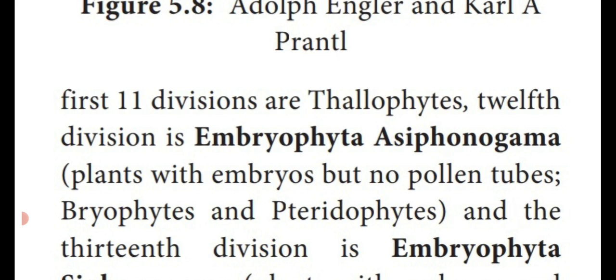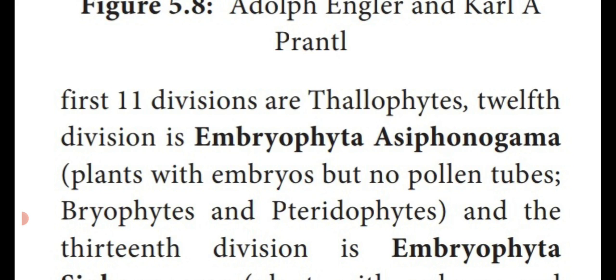That means plants with embryos, but asiphonogama. Siphon means pollen tube, asiphon means absence of pollen tubes. So there is no formation of pollen tubes in the pollen grains. It includes bryophytes and pteridophytes. So the first 11 divisions are Thallophytes.